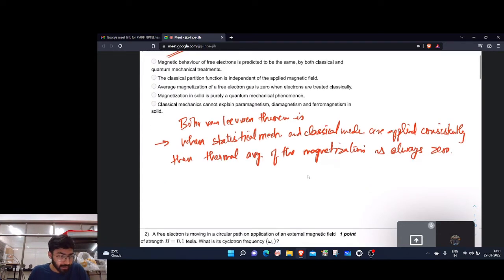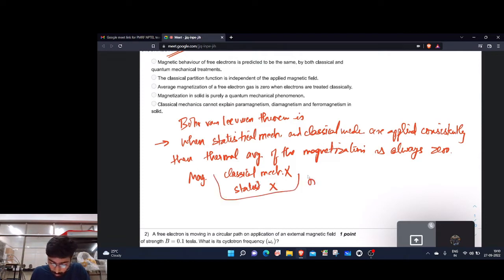So this states that magnetism cannot be accounted for by classical mechanics, nor by statistical mechanics.